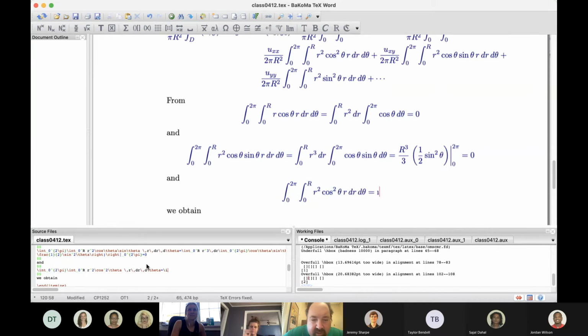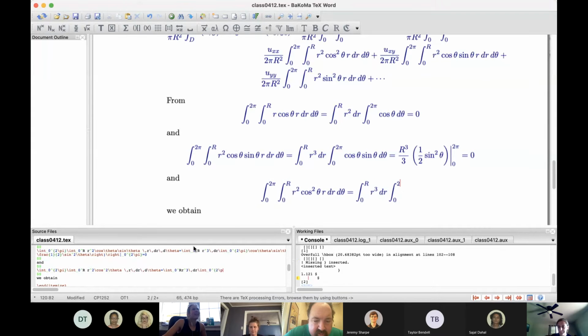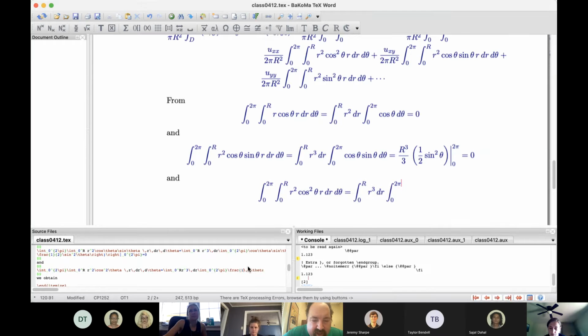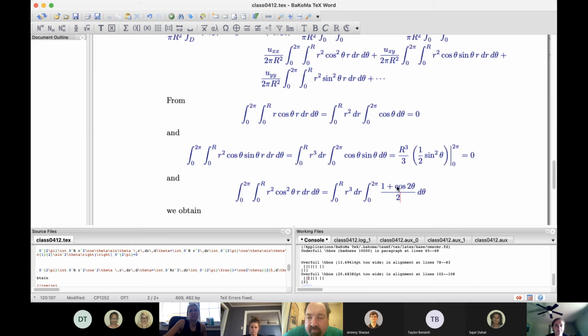So I'd have r cubed, and now I have cosine squared theta. But I can write that using a half-angle formula. That gives us this.